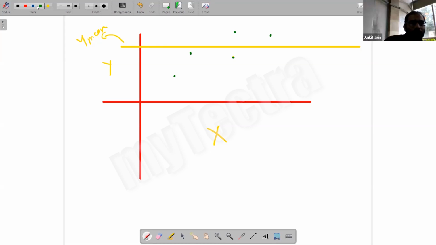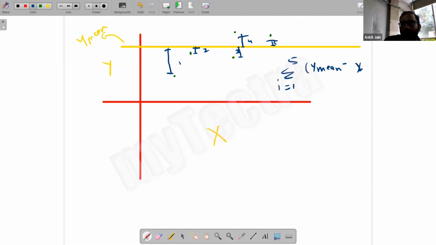Now, what is variance? Variance is nothing but calculating this distance. So what will be the total variance? Say 1, 2, 3, 4, 5. It will be the sum, i equal to 1 to 5, of (y mean minus y act i) divided by n whole square, right? Now, till here, is it clear?